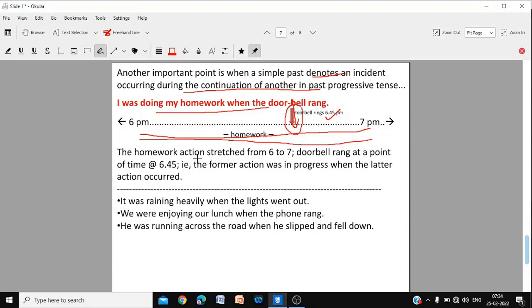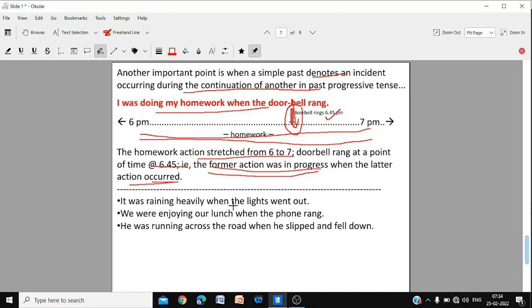The homework action stretched from 6 to 7, and the doorbell rang at a point of time, 6:45. The former action was in progress when the latter action occurred. Doing of the homework was in progress when the doorbell rang at a point of time.